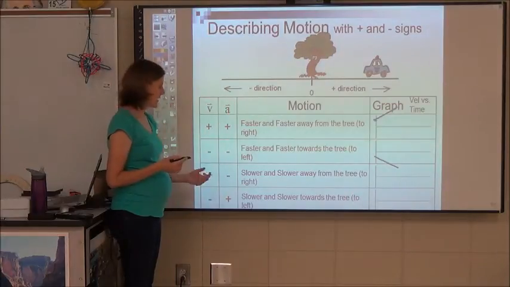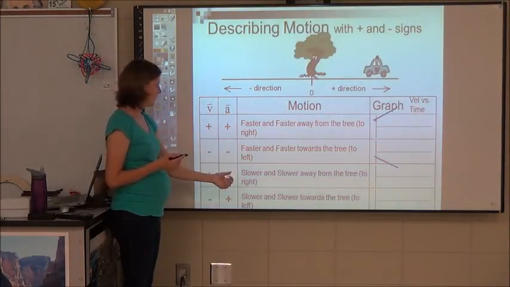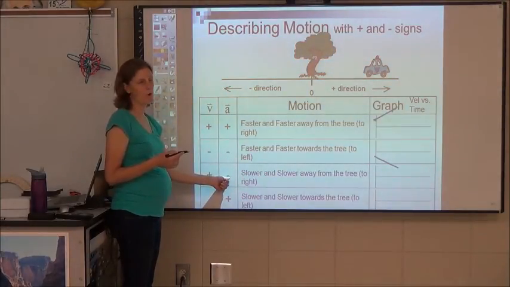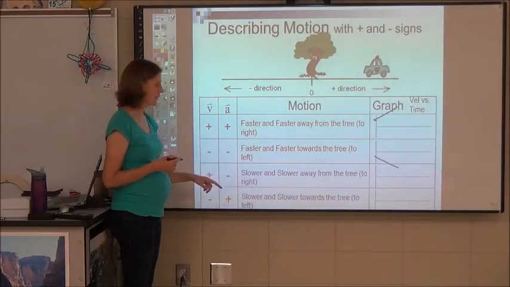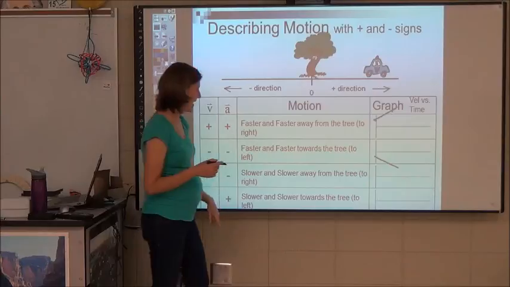So for the car case, positive velocity, okay, it's going to the right. Negative acceleration, it's almost like it wants to go left. Maybe it will, maybe it won't. But it's going to the right, but slowing down.